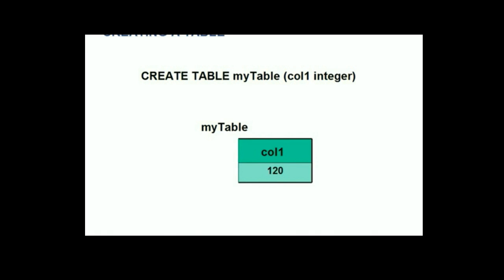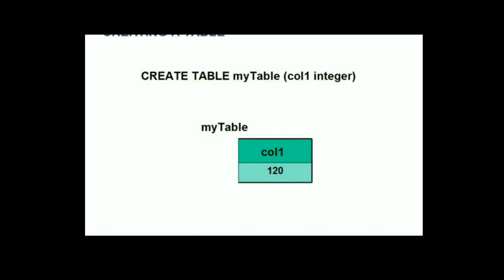Let's start creating a simple table with the least amount of information required. For example, create table mytable (col1 integer). The statement creates a table with the name mytable, having one column with the name col1 that can store data of type integer.